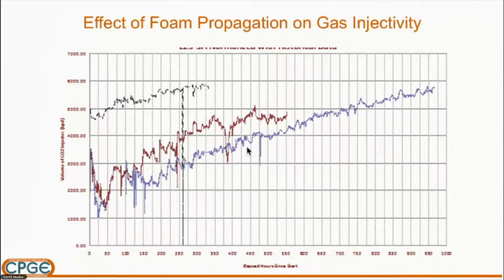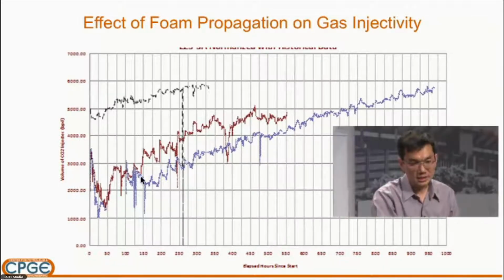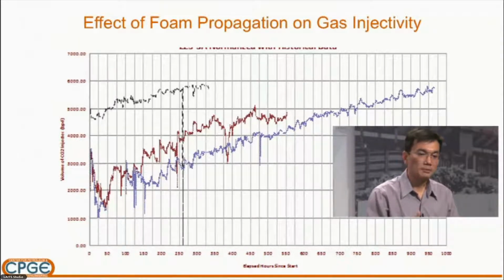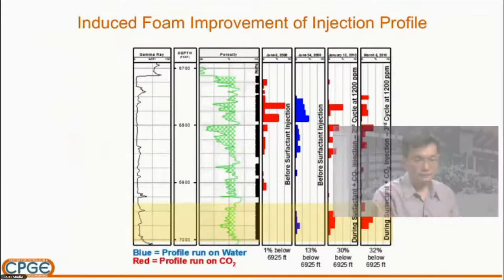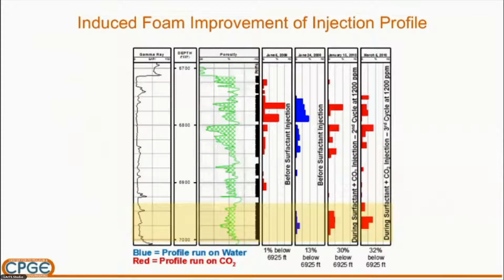If you look at the second surfactant CO2 cycle, you can see there's a significant delay of the injectivity buildup, which indicates the propagation of the CO2 much deeper into the formation. And at the end of the second cycle, we did a profile log as shown in this figure.